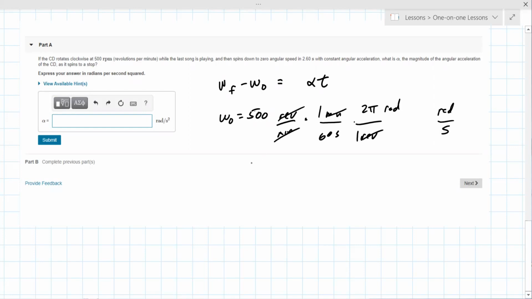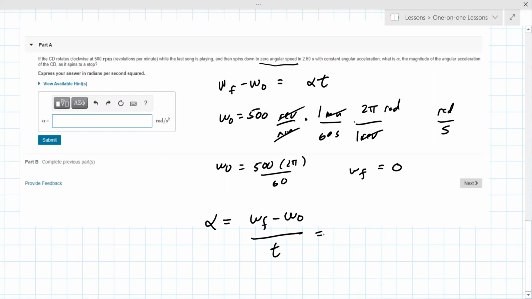But you can just keep it as 500 times 2 pi over 60. That's omega 0. Omega final is 0 because it stops. And then we know the time is 2.6. So alpha is equal to omega final minus omega initial over t. Omega final is 0. Omega initial is 500 times 2 pi over 60, all over 2.6.